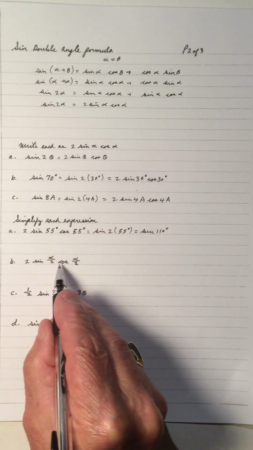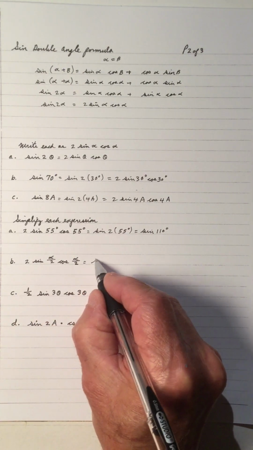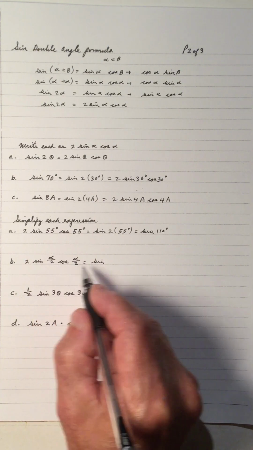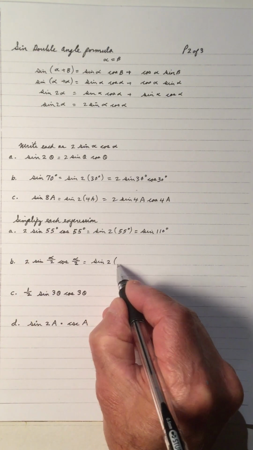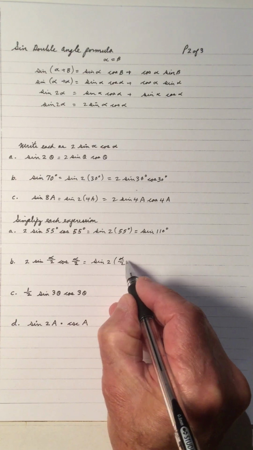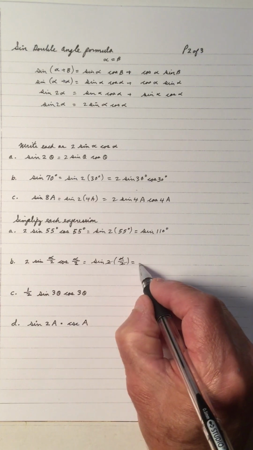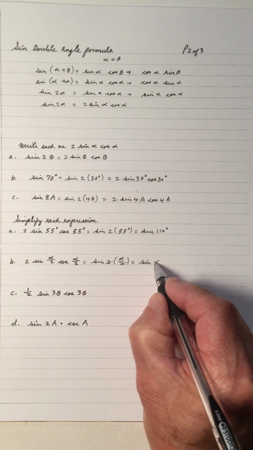And we have another one, same thing. We've got alpha over 2 as the angle, so that's twice the angle alpha over 2. 2 times alpha over 2, the 2's cancel, so that's the same as the sine of alpha.